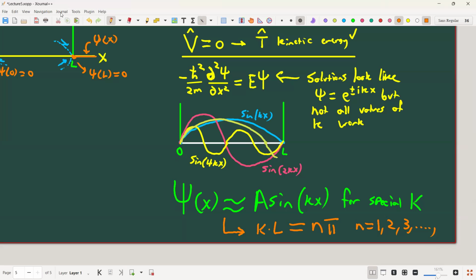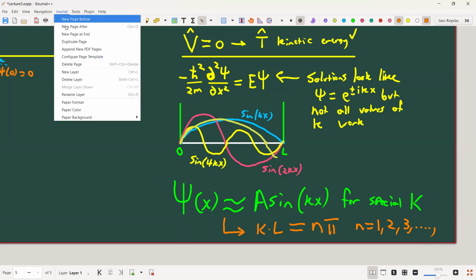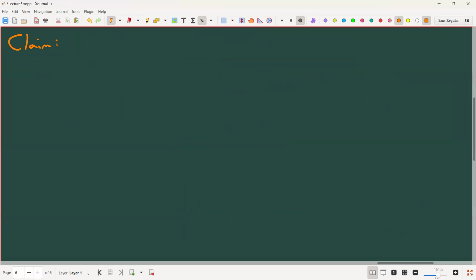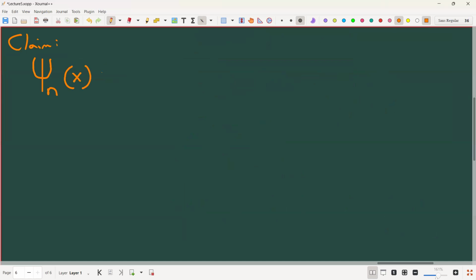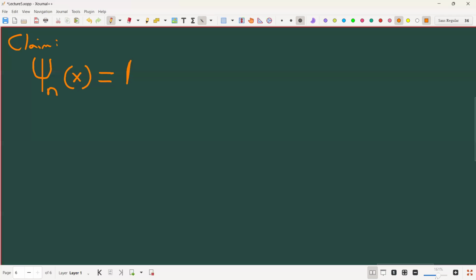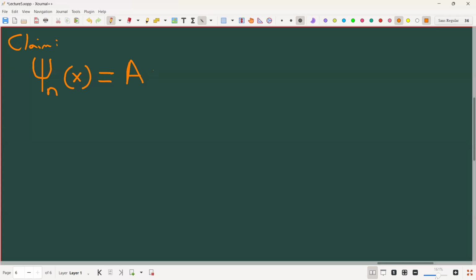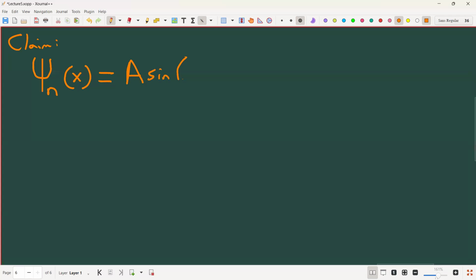All right, let's convince ourselves of that. My claim is that the wave functions for this system, which I'll label n, as a function of x, are some number A, which we haven't determined yet, times sine of n pi over L times x.